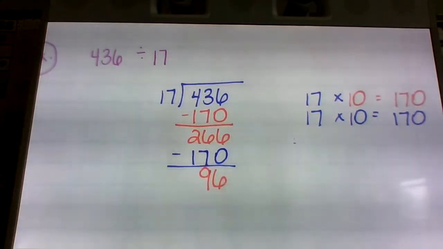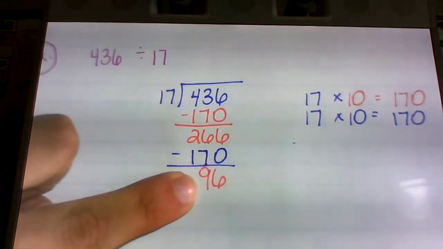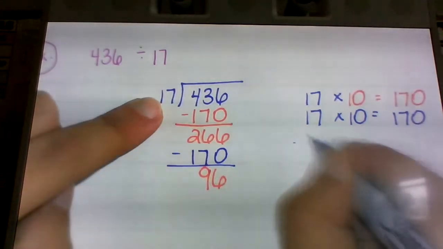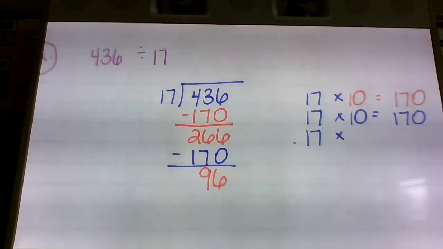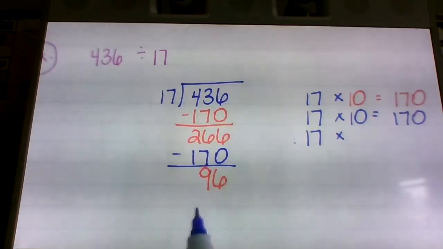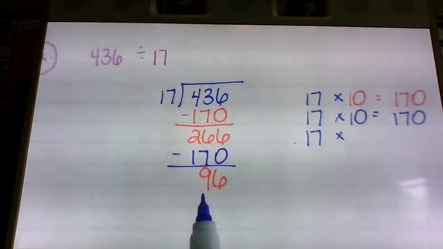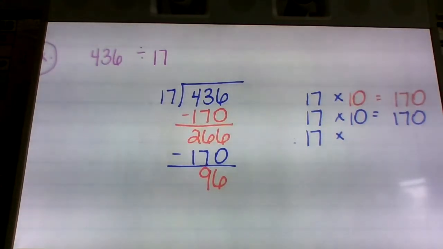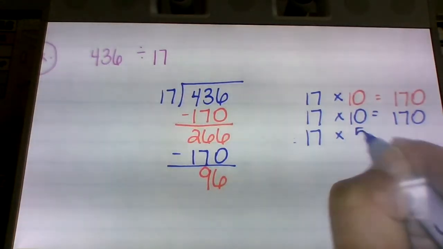Now I'm going to want to get another partial quotient because my remainder is larger than the divisor. But this time, I'm not going to use 10 because 170 is too large to subtract from my remainder. So I might want to try a smaller partial quotient. Maybe instead of 10, I'll use 5 instead.